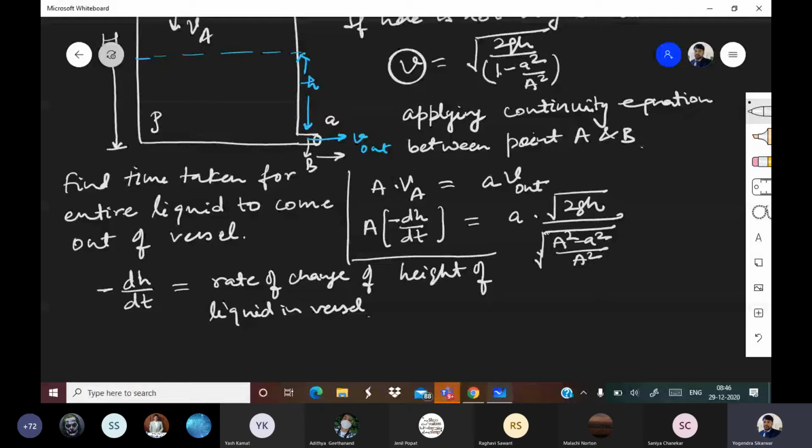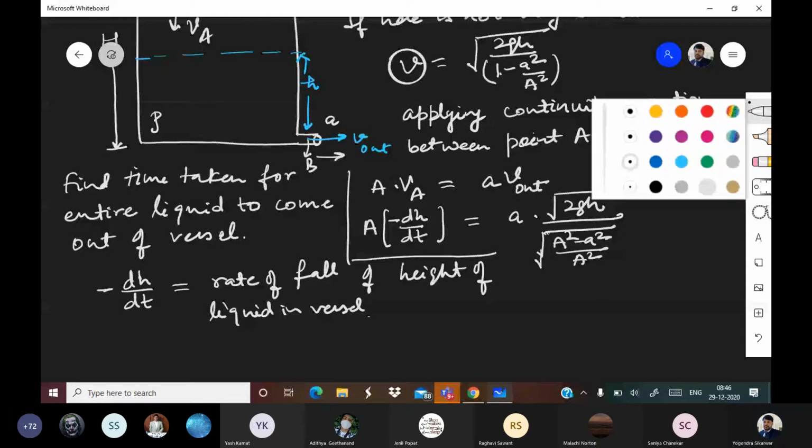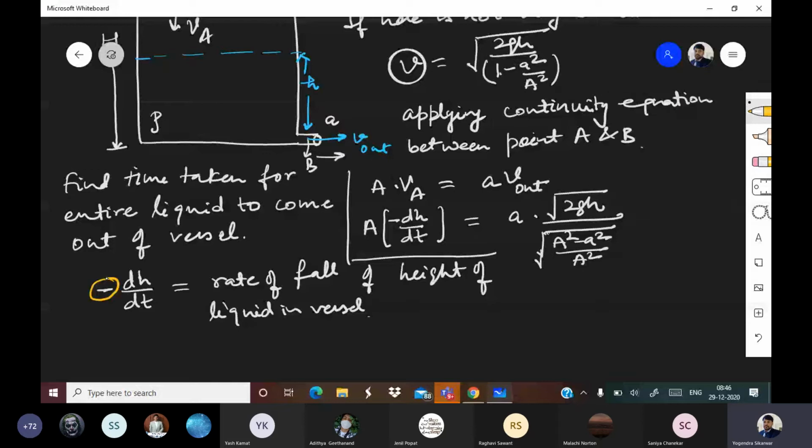So I should replace the word change by fall. So rate of fall of height of liquid in vessel, and because of this fall we have used minus sign.